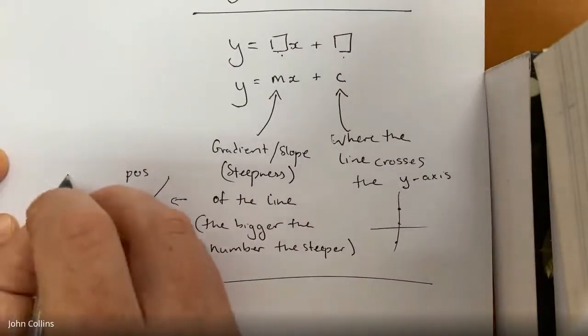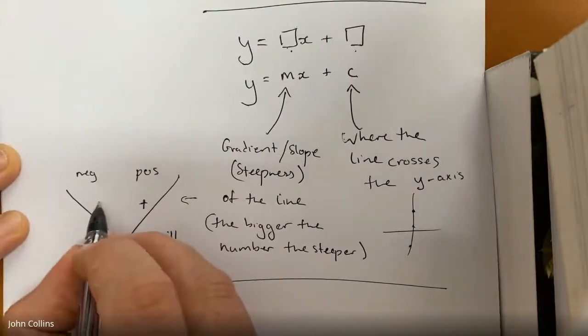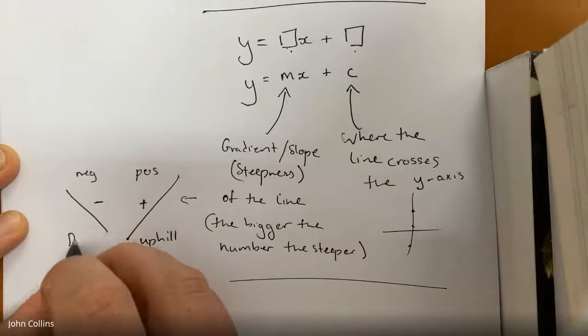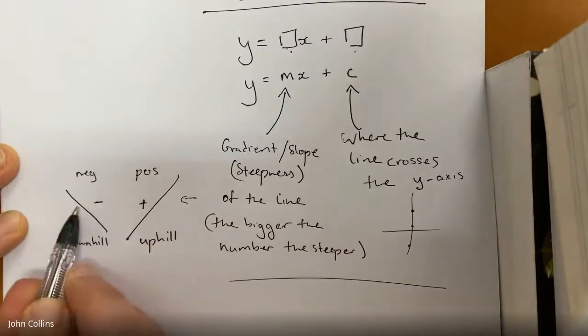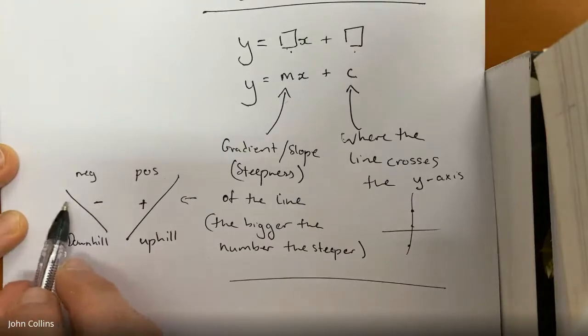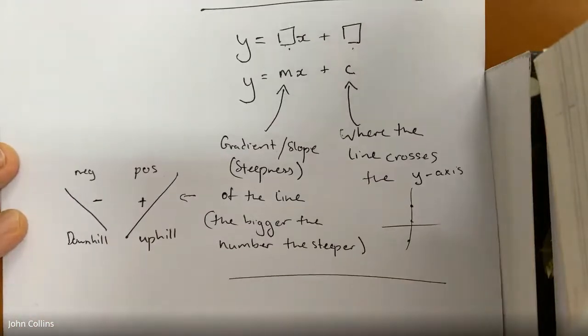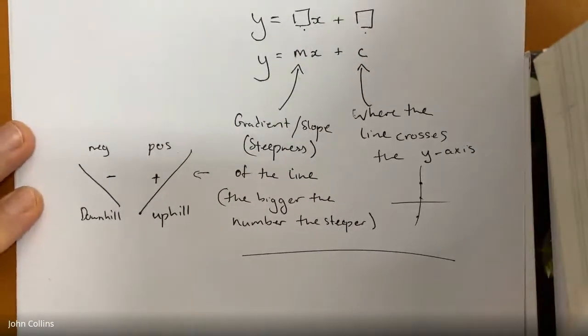If it's negative, it goes downhill, it goes that way. So negative goes a downhill slope, reading it from left to right, like you read an English book, left to right. Okay, so there are some things hopefully you noticed from the little Desmos experiment we did.